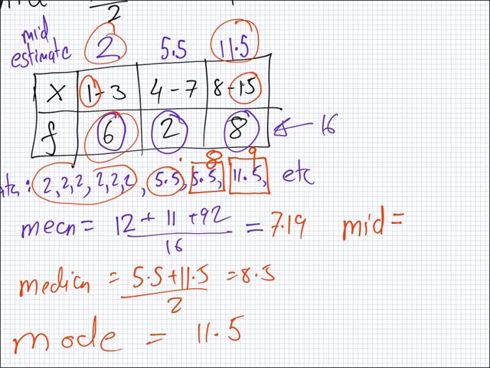Although it shouldn't really matter too much, because after all, we are estimating. So, suppose we were to use 2 and 11.5, what would we get? 6.75. And suppose we were to use 1 and 15, what would we get? 8.